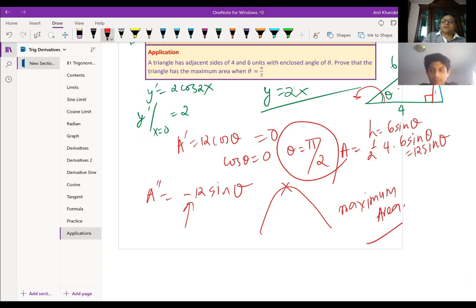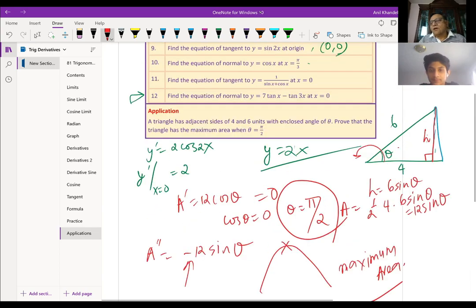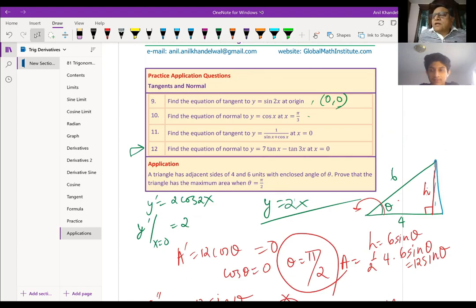So let me tell you, these were not easy questions, but we could solve them very easily. Once you understand the concepts, you just keep solving them one after the other. These 12 questions, which we went through in about 30 minutes, are very good starting points for any trigonometric derivative chapter. You understood the concepts of limits.